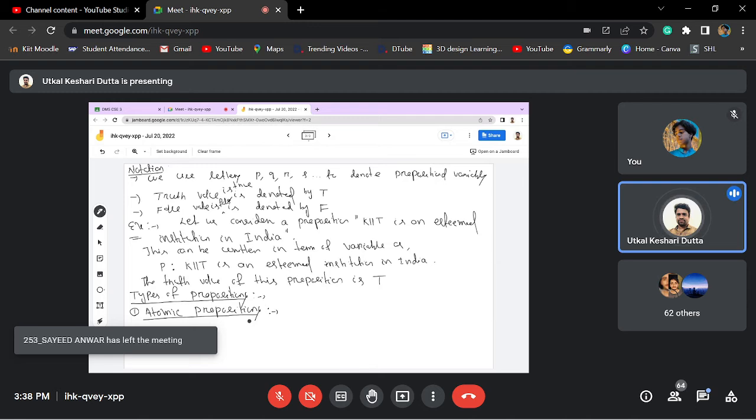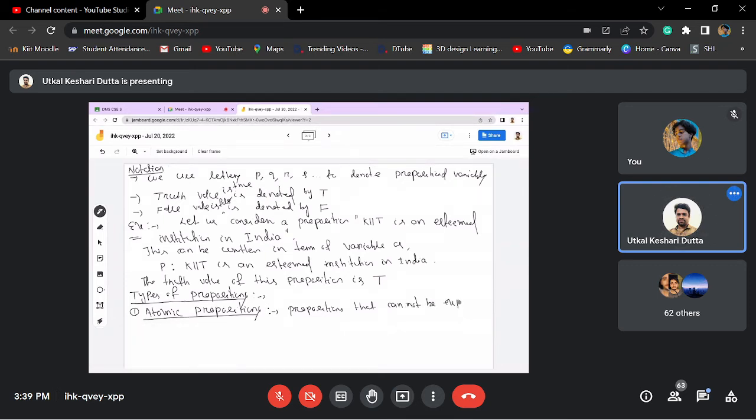That means propositions that cannot be expressed in terms of simpler propositions are called atomic propositions.